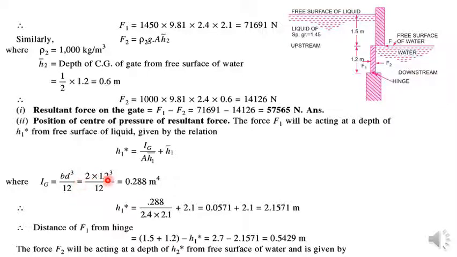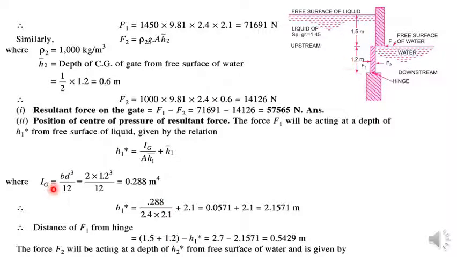Inputting your values, in meter to the fourth units you get the answer 0.288. So H1 bar, by inputting the values, comes out as 2.1571 meter. Keep this distance with you. This distance of the center of pressure is calculated from the top.